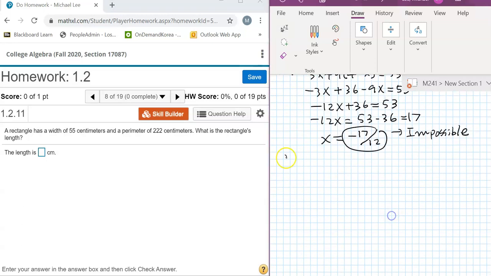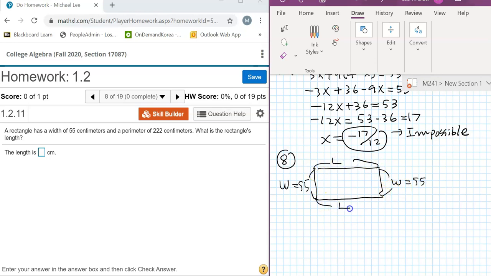Number 8. A rectangle has width 55 centimeters and perimeter 222. What is the rectangle's length? So if I say this is the width, which is 55, meaning this is also width 55, then this must be the length, isn't it?